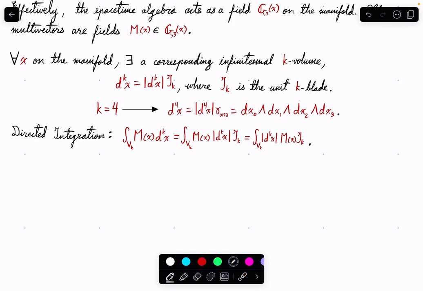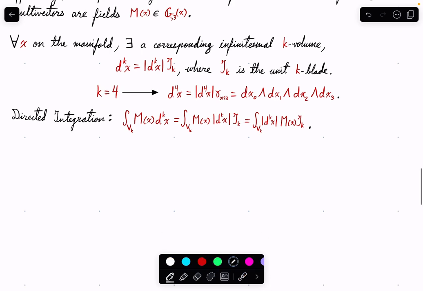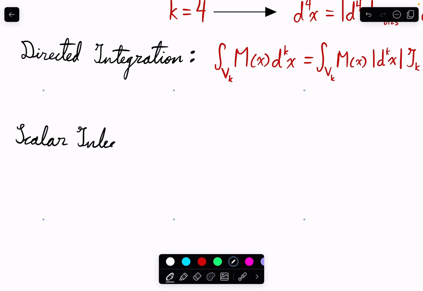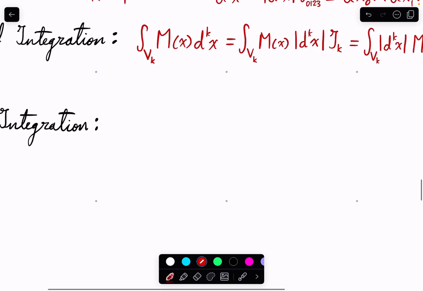So then how would we do a scalar integral? Another way to call this is scalar integration. This is normal integration, undirected. You want to take the integral just over the magnitude, so you want this right here to be a scalar, not have any blade.